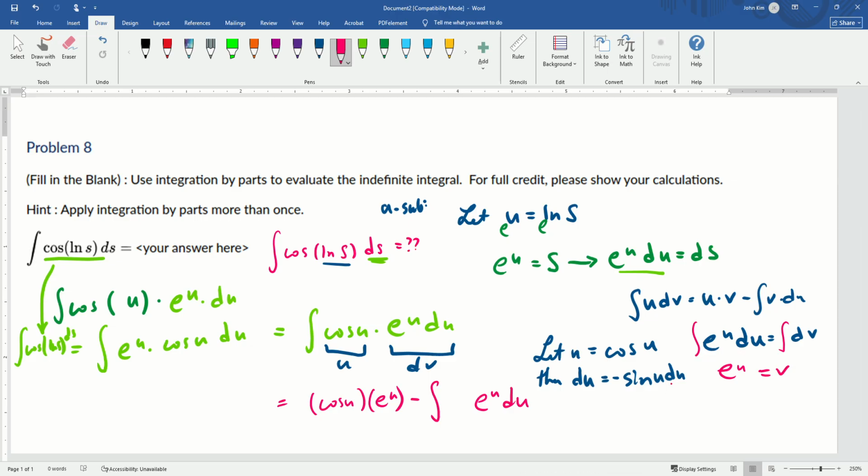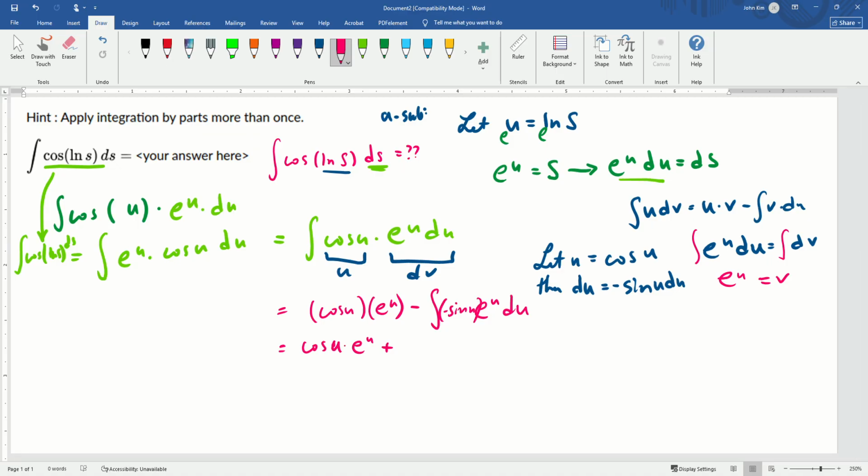So I'm going to put a negative sine of u. Let's rewrite this nice and neat. Cosine of u times e to the u, plus, the two minuses become a plus, integral of sine of u times e to the u du.